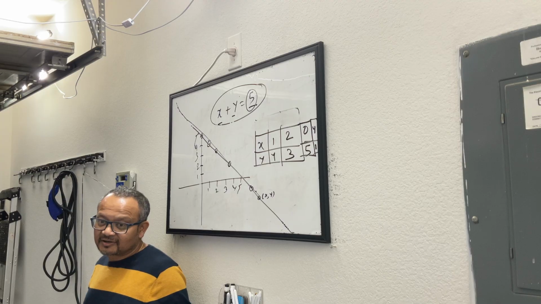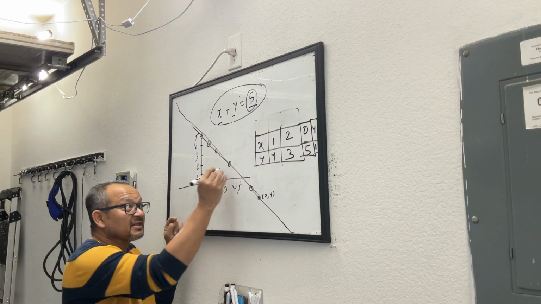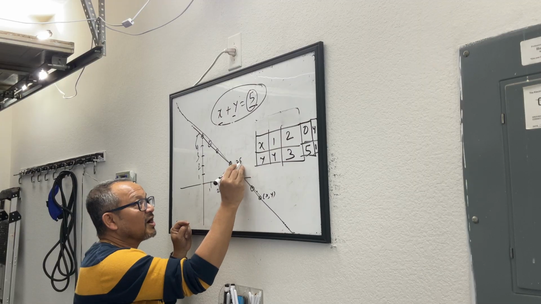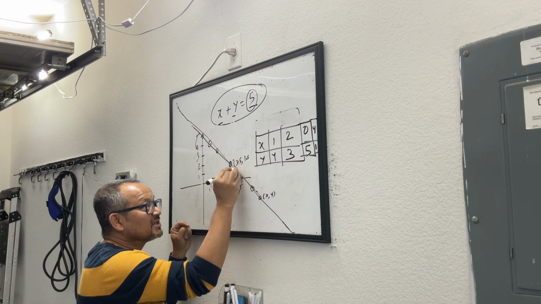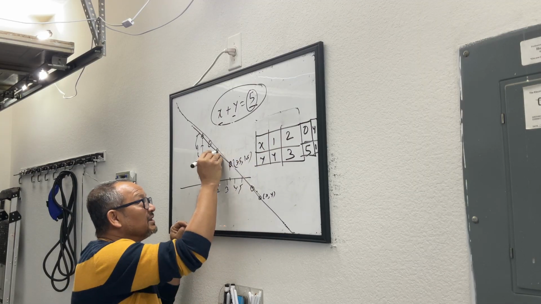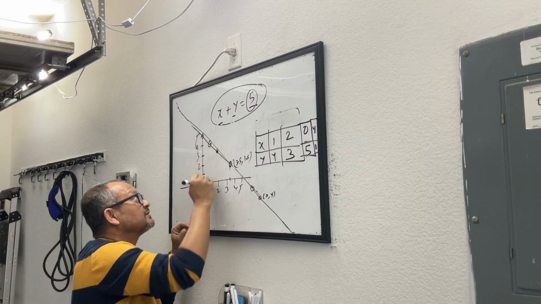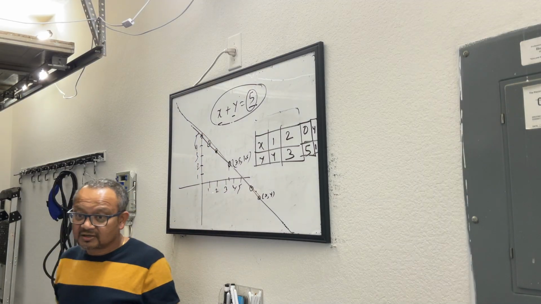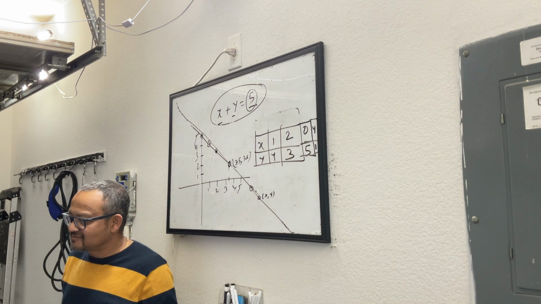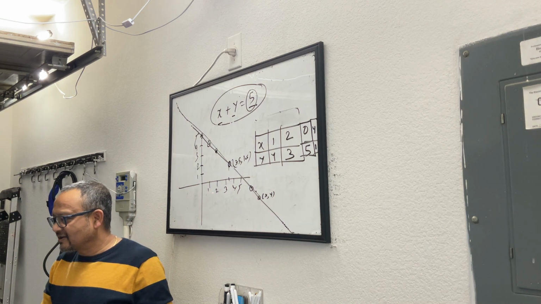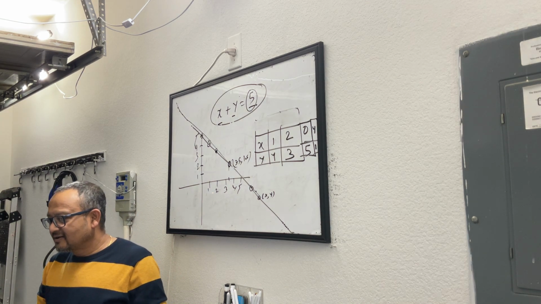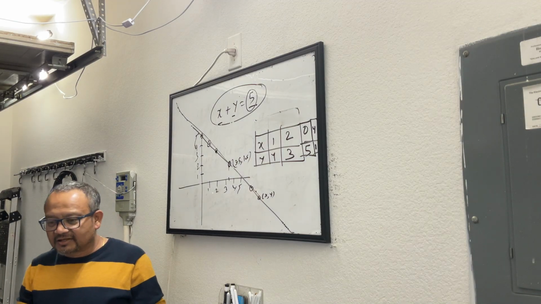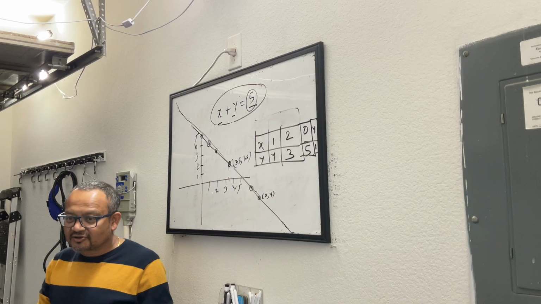No. Because if I am picking this point, say this x value is 3.5 and y value is 1.5, this is my answer. If I do that, this point will get upset, this point will also get upset, and will get super angry with me. Maybe find the slope intercept. That will tell you the behavior of the line, but it doesn't give you the solution.